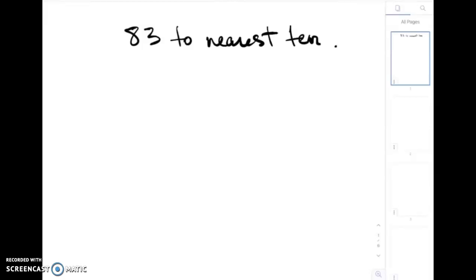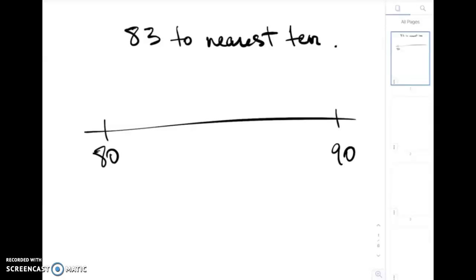So I'm going to draw my number line. And then I want to know, how many tens are there? I'm going to mark one end, and there are 8 tens, but we also write 8 tens as 80. Now I want to know what is the next 10 after 80, and this is 90.